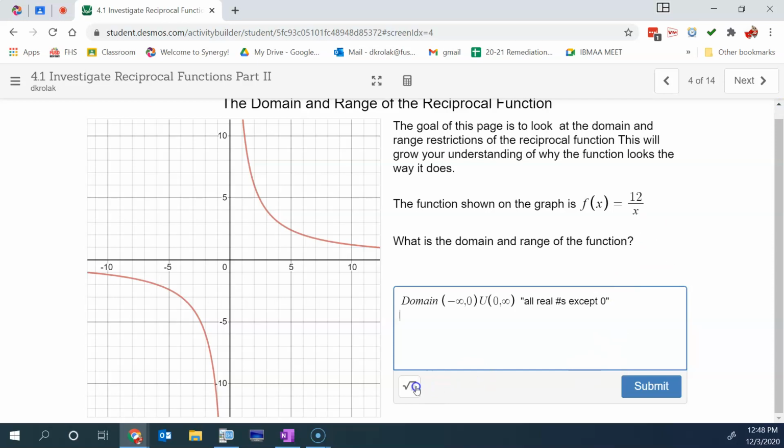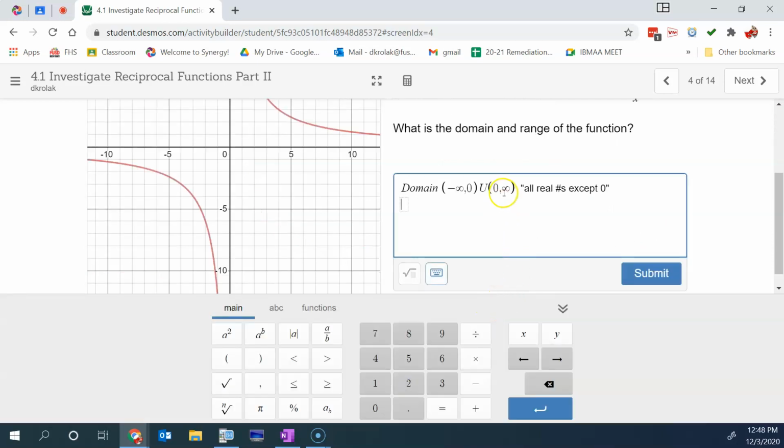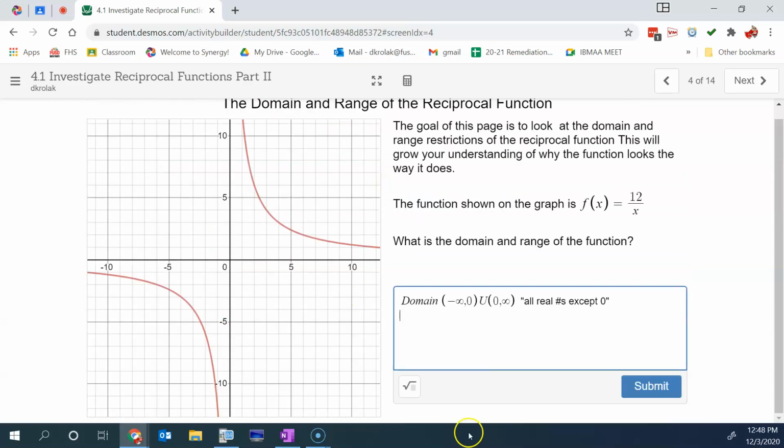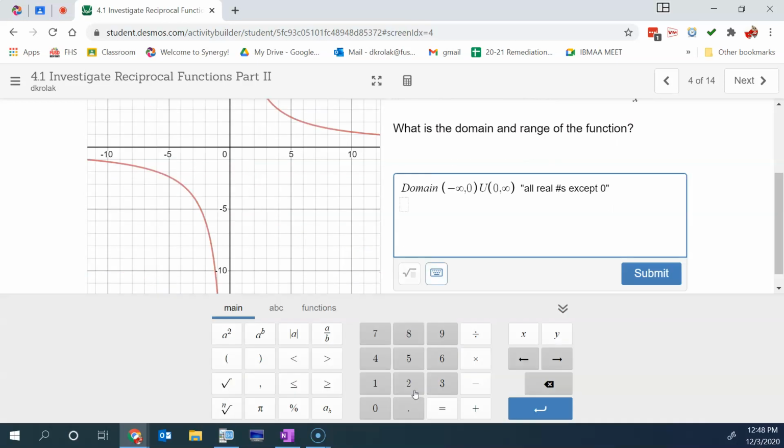It's pretty much just going to be this. Control C, and then I'm going to go math, and I'm going to go Control V, and change the word from domain to range.